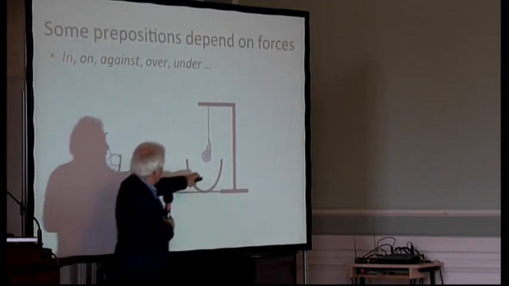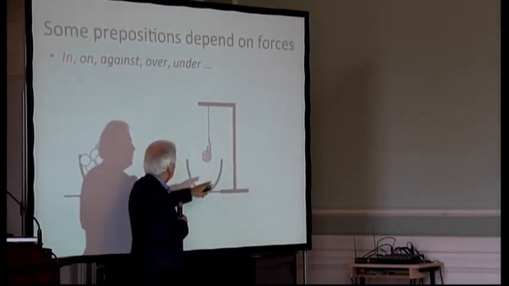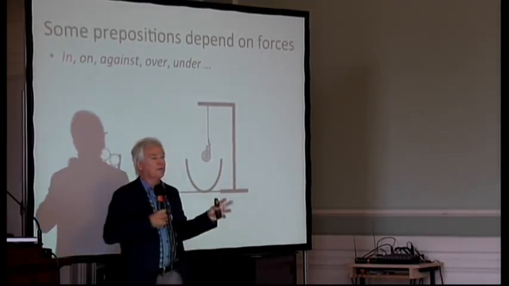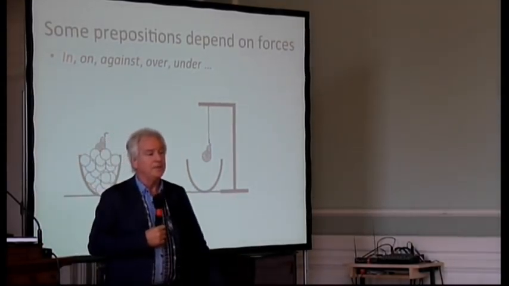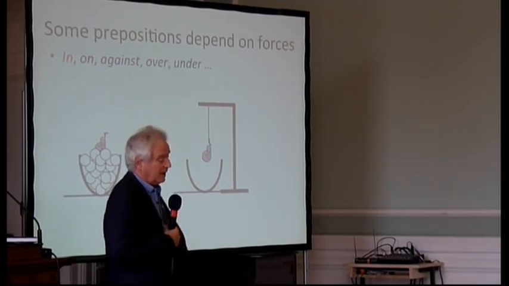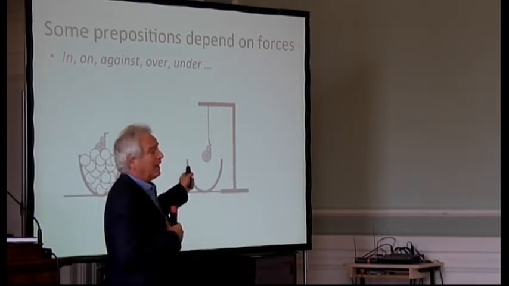Because if we have this picture, the location of the pear in relation to the bowl is exactly the same. But we wouldn't say that the pear is in the bowl. And my analysis of this is that in requires some kind of force relation.